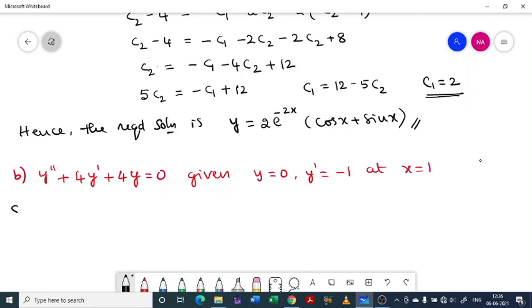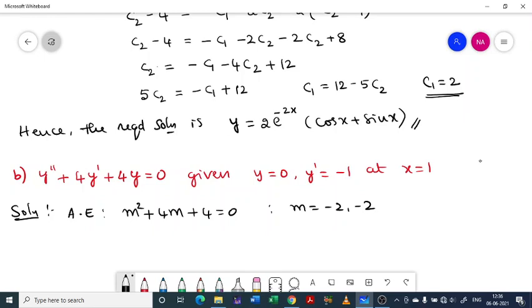Solution. So the auxiliary equation is m square plus 4m plus 4 equal to 0. So it is m plus 2 whole square equal to 0. So m equal to minus 2, minus 2.